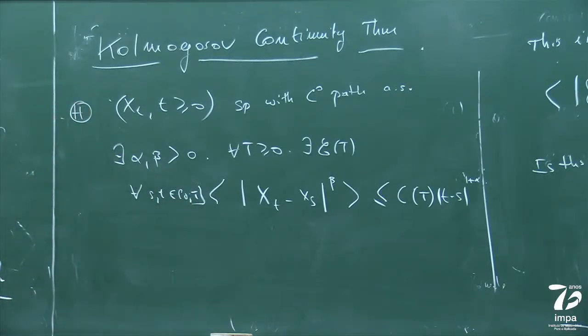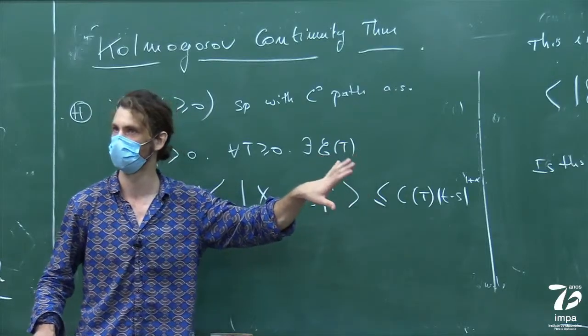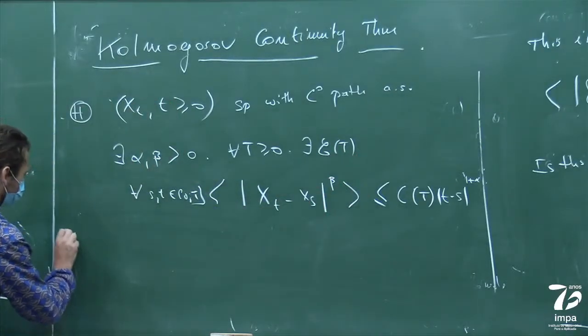So you assume an average behavior that gives you some kind of Holder regularity.